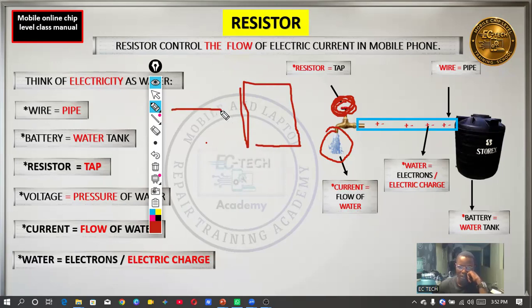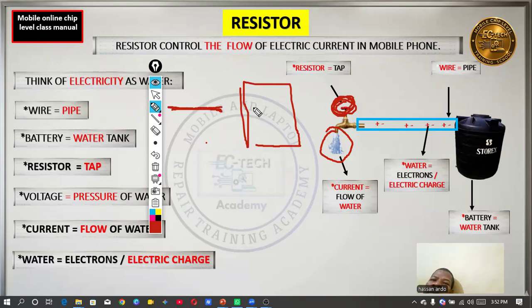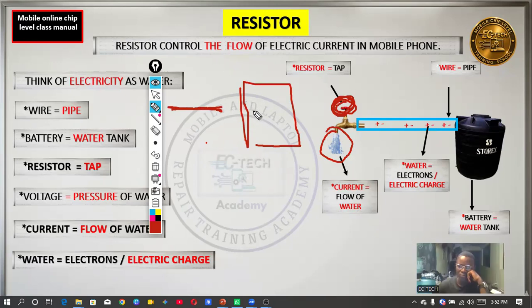For example, this CPU. This is a power ring. And the CPU, let me tell you, the current is very large. There is a large current flowing. That's why they have to control it by using a resistor.